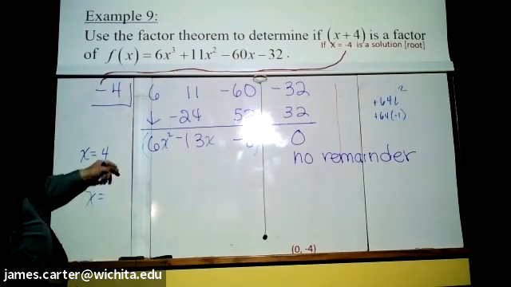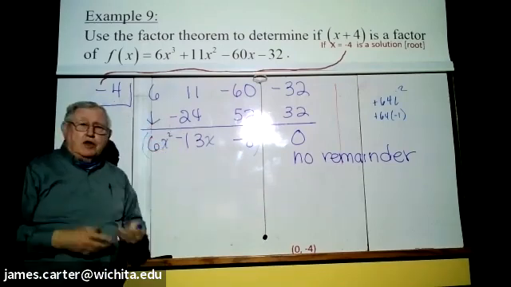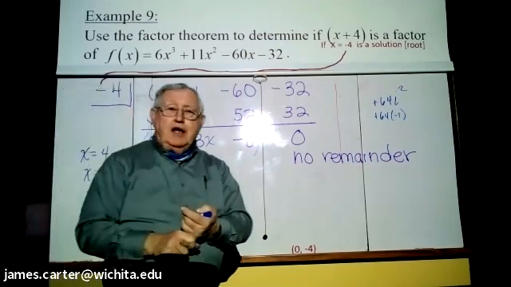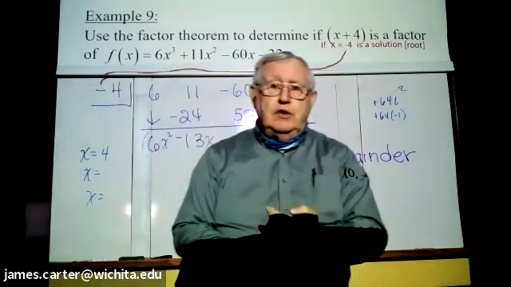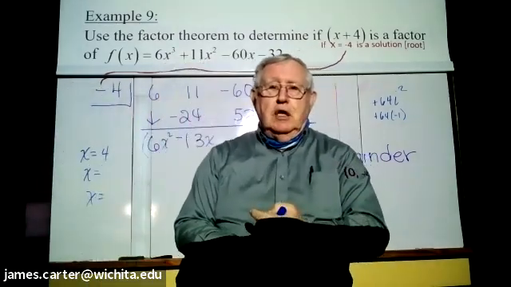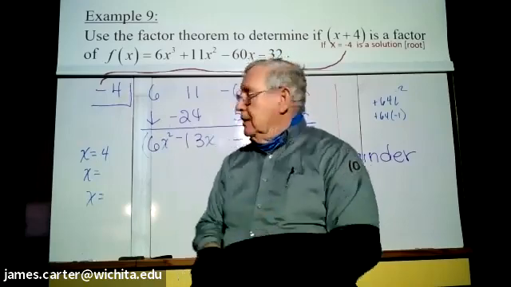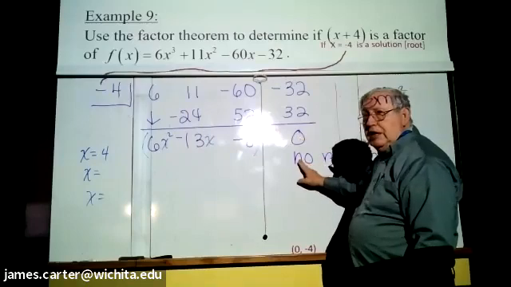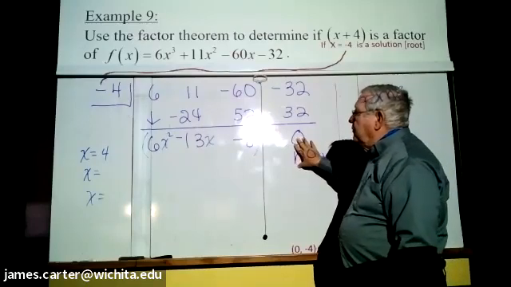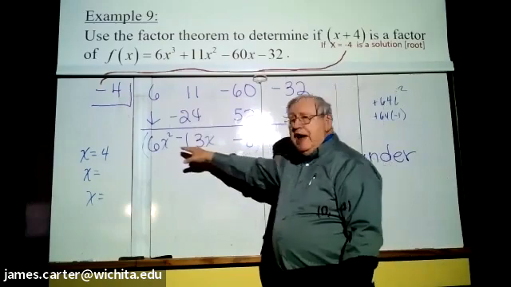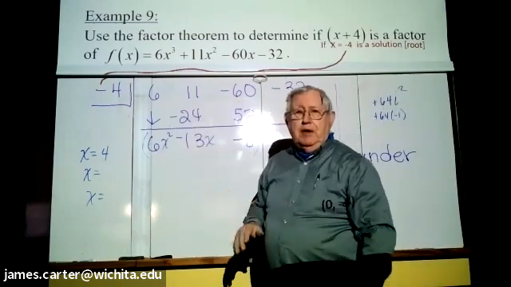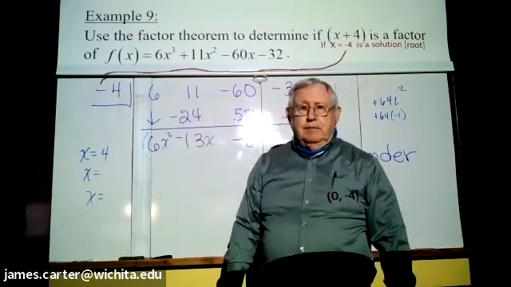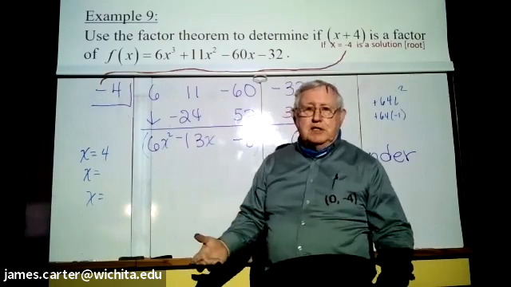But anyway, what this whole process does, whether you use long division or synthetic division, the whole purpose of it is to see if you can get a zero remainder either way. And if you do, you have factored down that equation one step. Okay, that's the whole purpose of this.